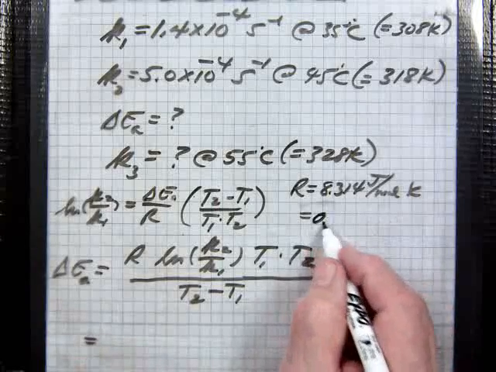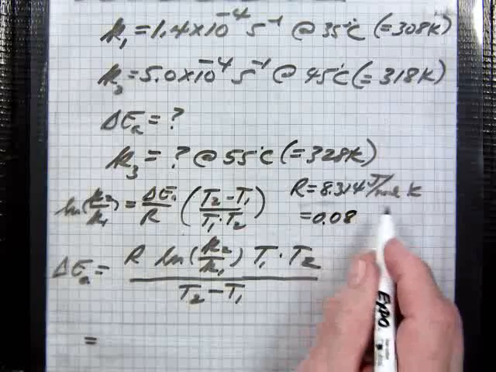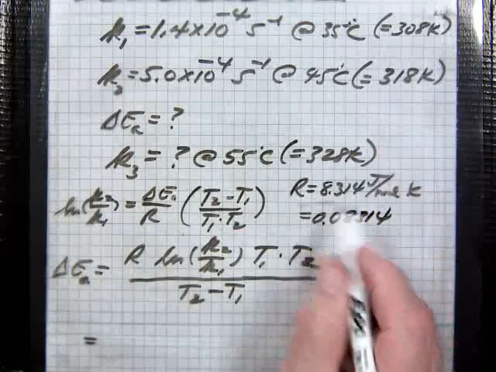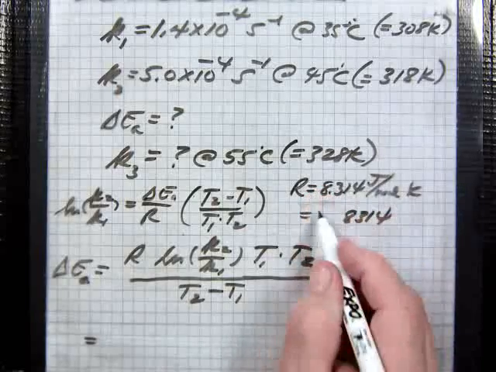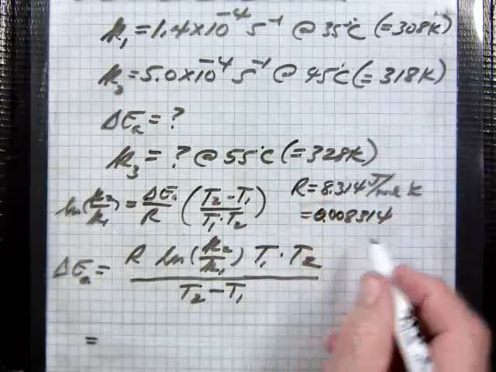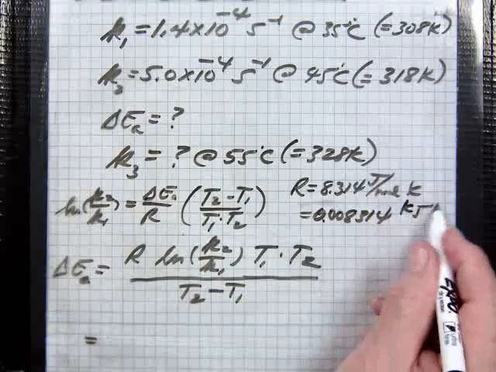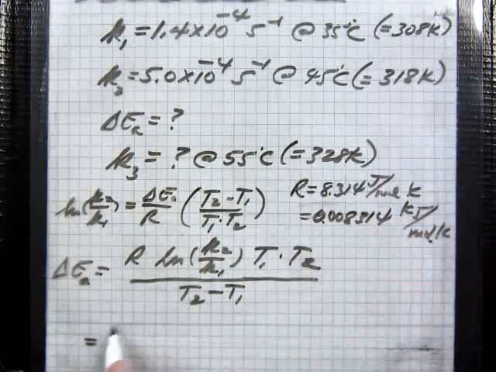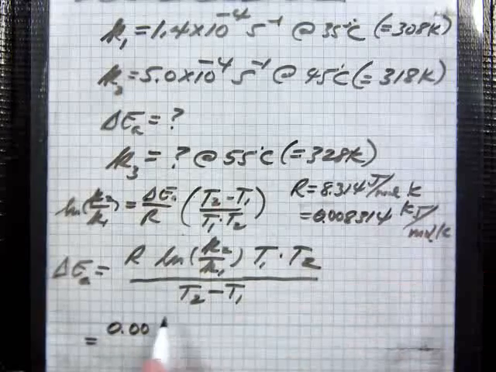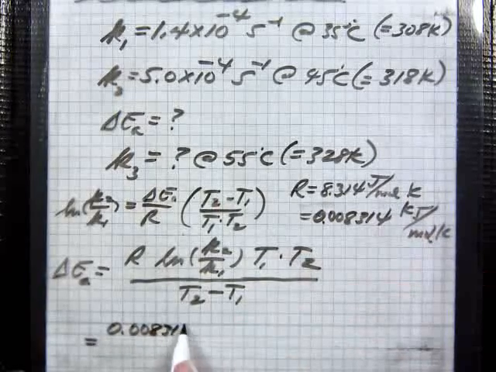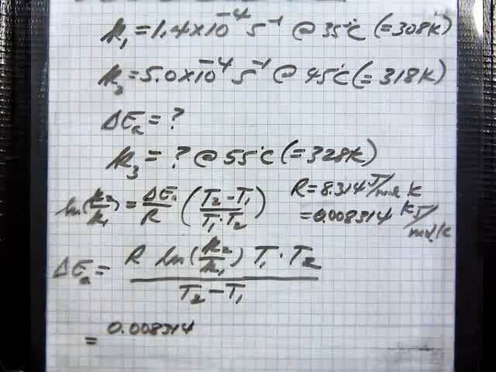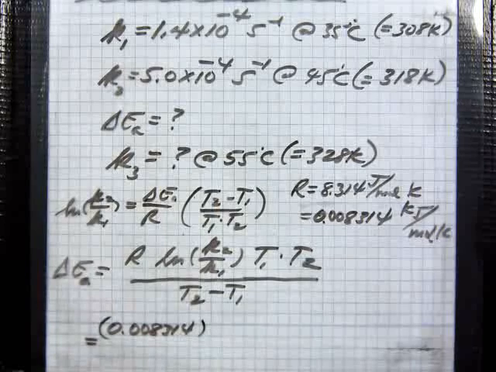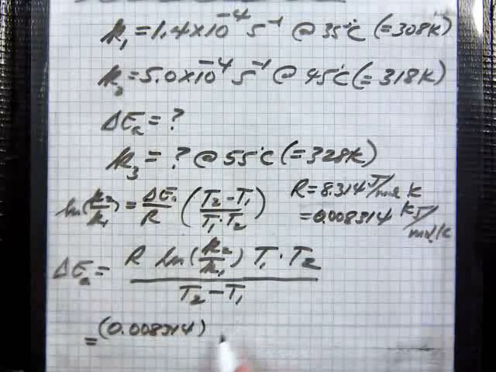So 0.008314 kilojoules per mole Kelvin is your R value. And EA is going to come out in kilojoules per mole, so I'm going to delay putting all the units in because it just crowds stuff.